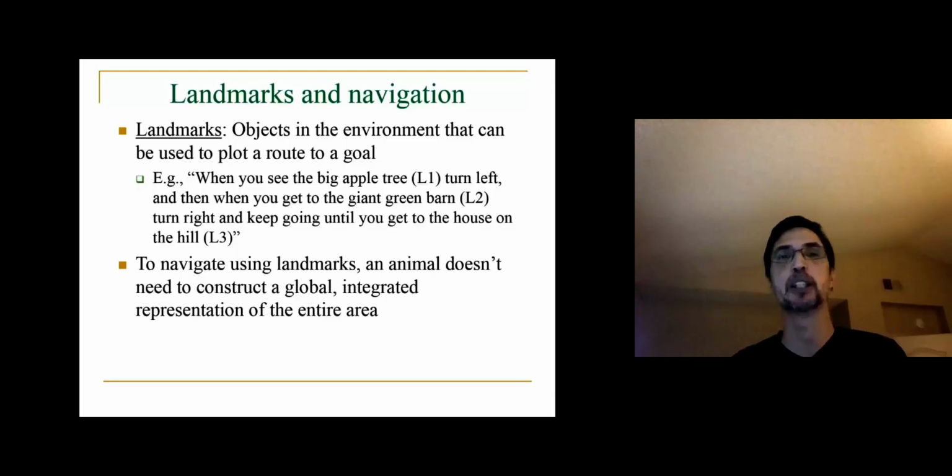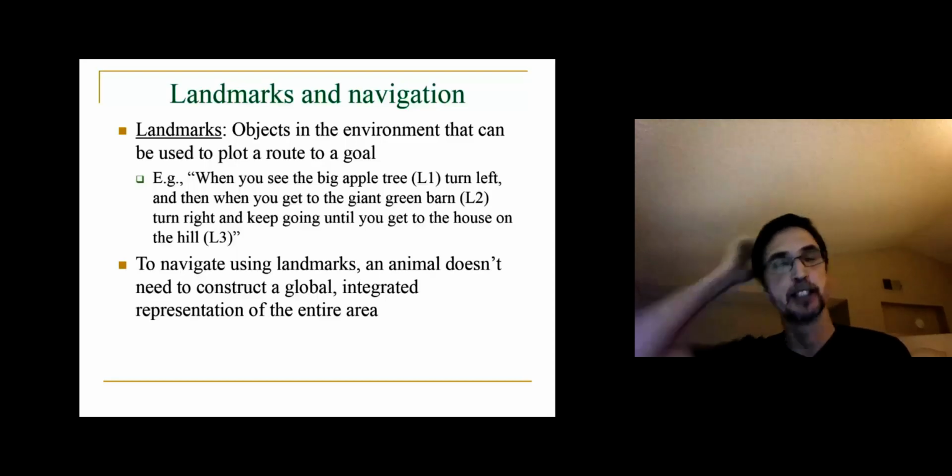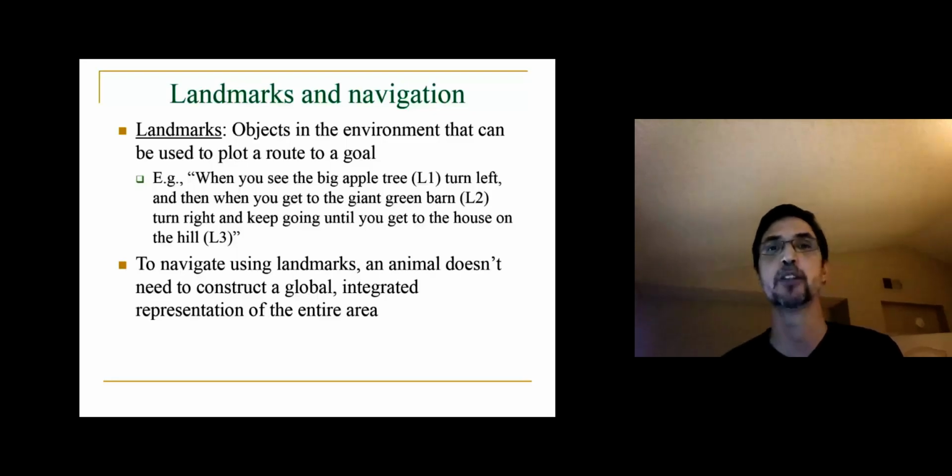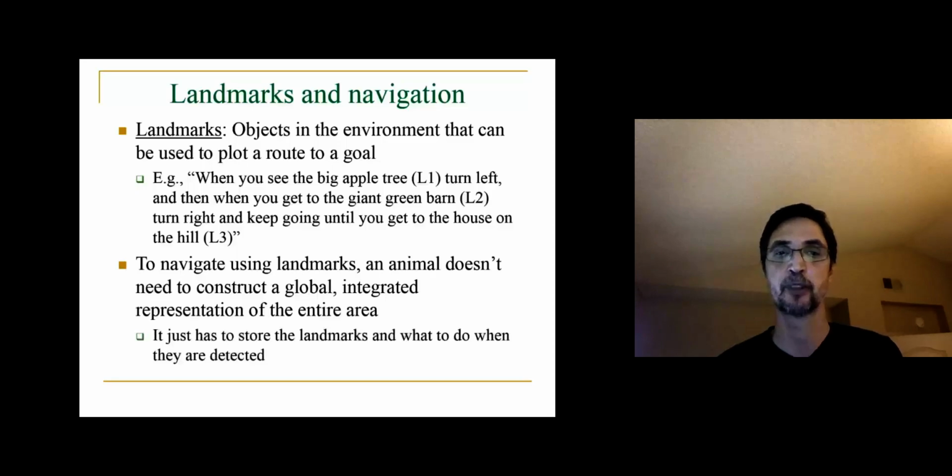You just need to know what the landmarks are and what you need to do when you get to each landmark. So if an animal uses something like this, they don't need to construct a global integrated representation of the entire area. It just has to store landmarks and what to do when they are encountered.